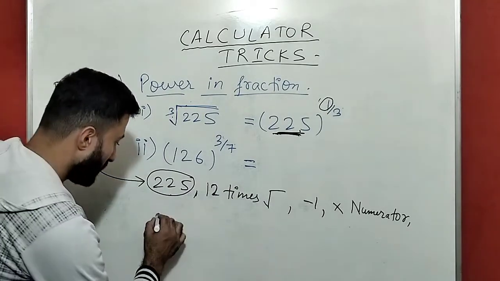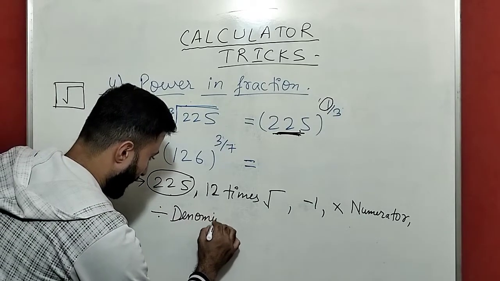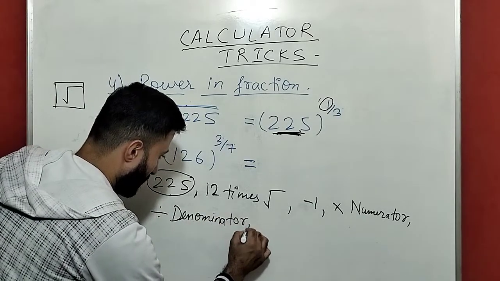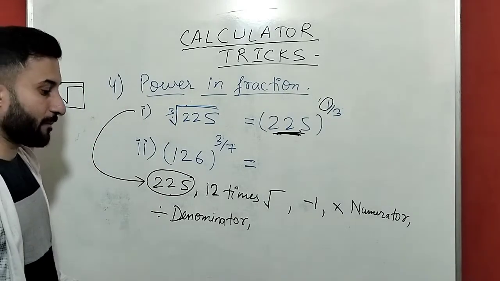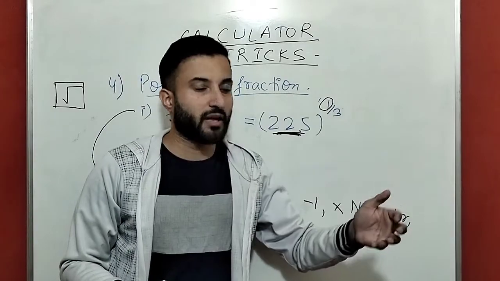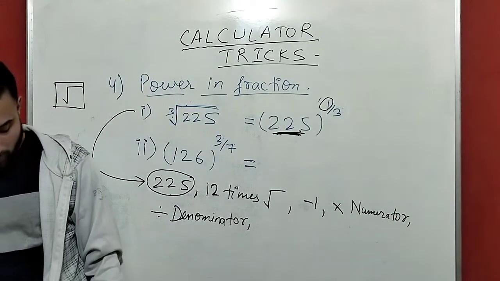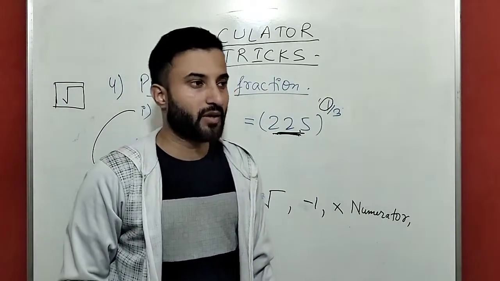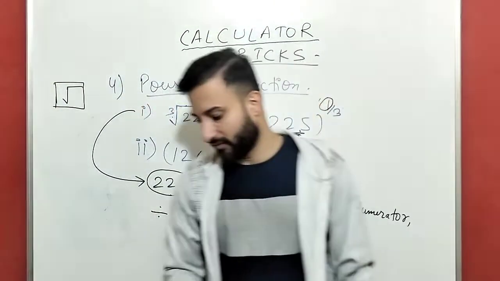Next step is divide with the denominator. Guys, it looks like a long step, but if you do 2-3 sums, it will be very easy. Because I am teaching you the first time, it looks very long. Otherwise, it is a very short step; you can do it in 10 seconds.